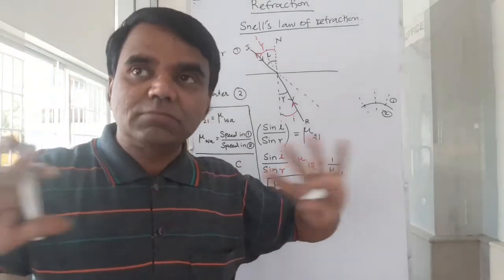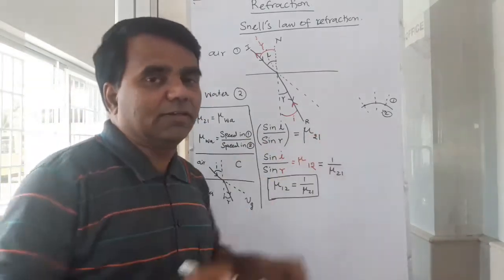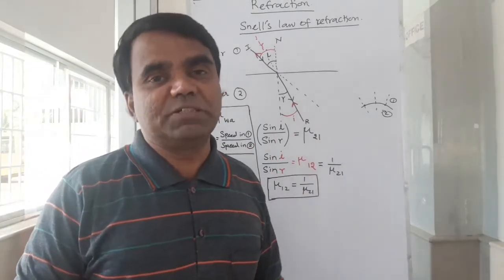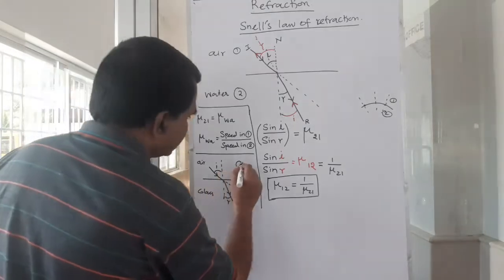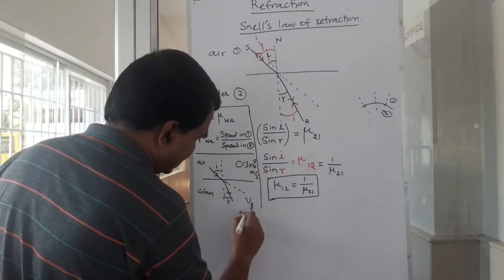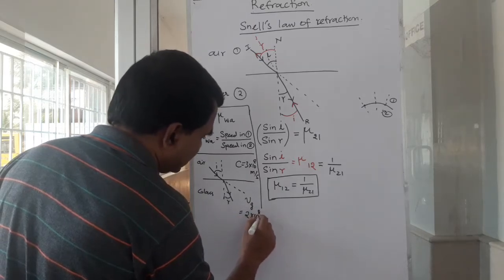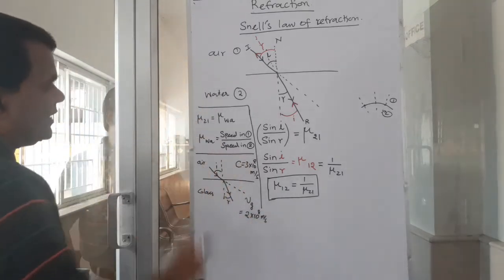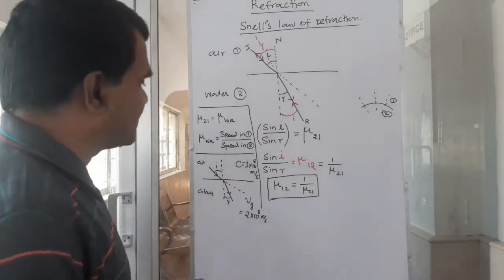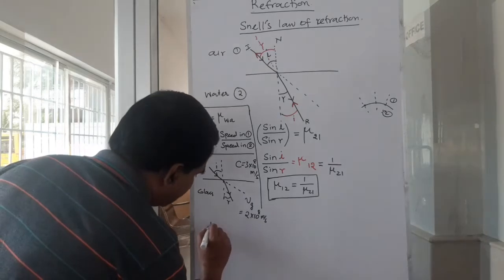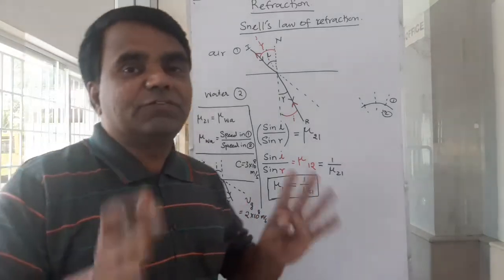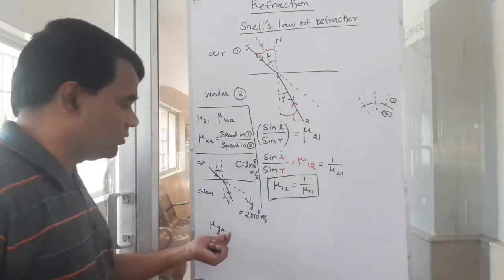Speed of light is maximum in vacuum and air, and in every other medium the speed of light is less. So this is 3 into 10 power 8 meter per second, and in glass it is roughly 2 into 10 power 8 meter per second. Now the refractive index, mu of glass with respect to air, is the refractive index of glass. We generally don't refer to air or vacuum.